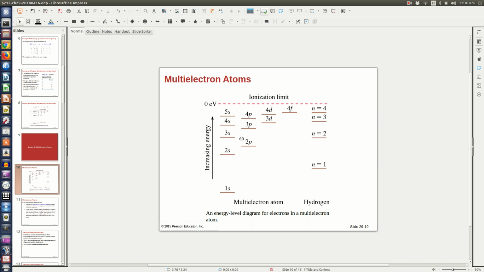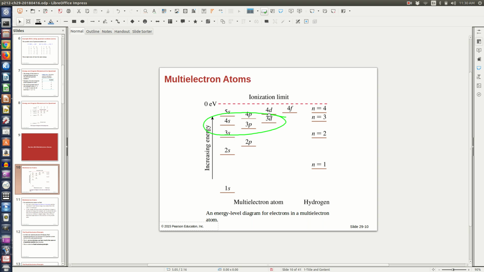And I also want you to notice something peculiar here, and that is when we're filling up the n equals 3 state, we have the 3s state, which is l equals 0, the 3p state, which is l equals 1, and then we have the 3d state, where l of the electron in that particular state is l equals 2.